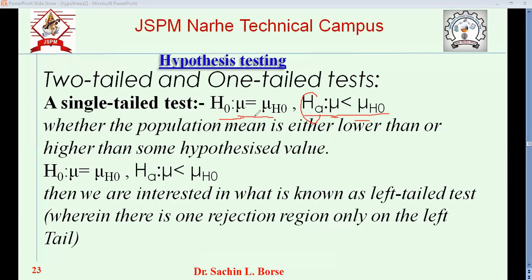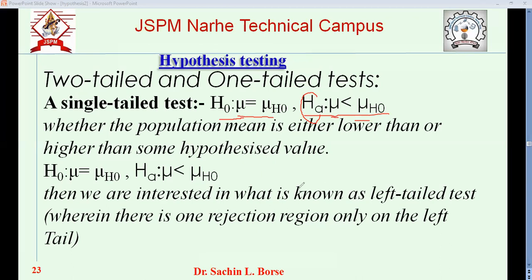Either the null hypothesis will be correct or the alternative. But now the alternative hypothesis is only one, not two. Earlier it was two, but now only one, and it is on the left hand side. So it is the left hand side single tail test.